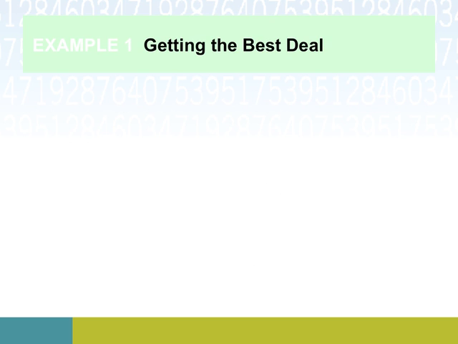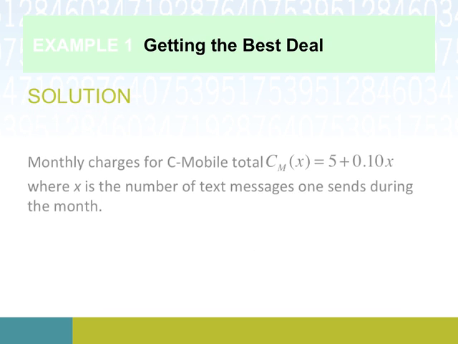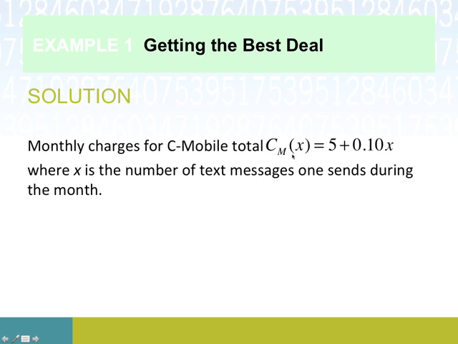You have some input and some output. I think in this case it makes sense to use x as how many text messages you send. I suppose this could also be about how many minutes you talk, but we'll use text messages as the input, and then the cost. I've used m just to differentiate the cost function for C-Mobile from the Verizon plan that we'll see in just a minute.